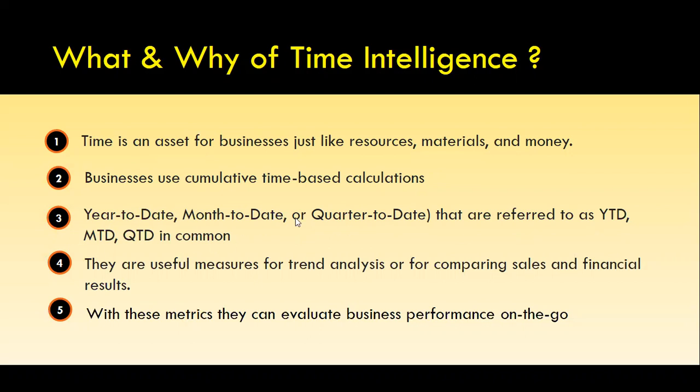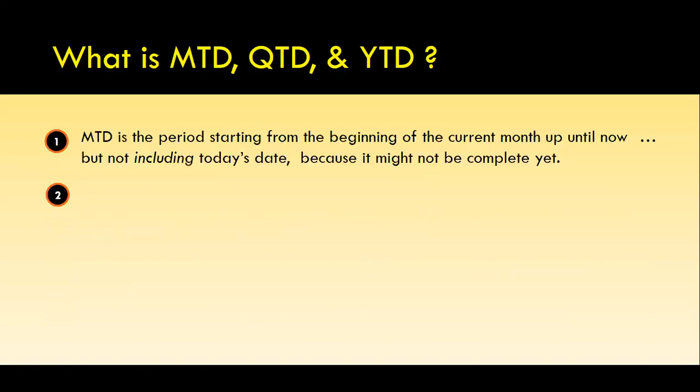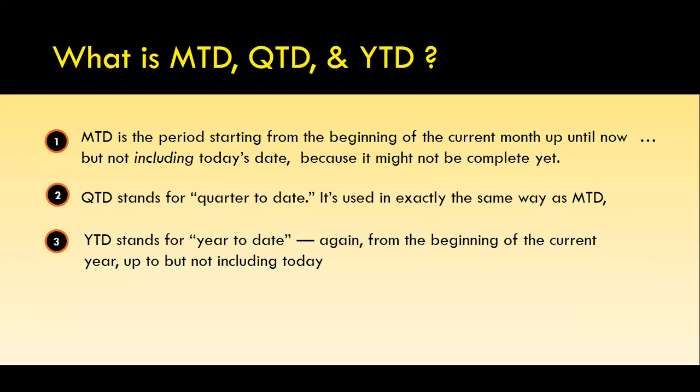These measures are helpful for trend analysis or comparing sales and financial results. With these metrics, we can evaluate the business performance on the go. The time intelligence functions are the go-to expressions for the Power BI developer. They help us to measure patterns in business metrics over time, year on year, quarter on quarter. If you want to compare week on week also, we can do the comparison.